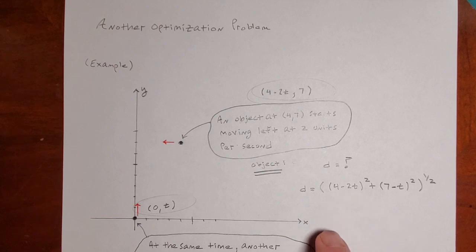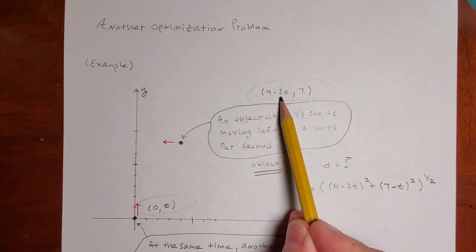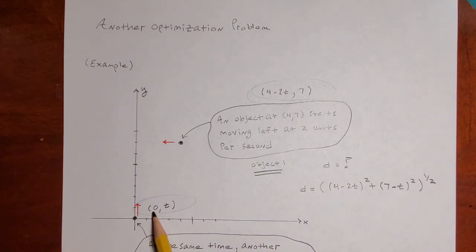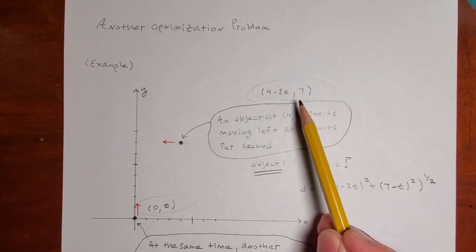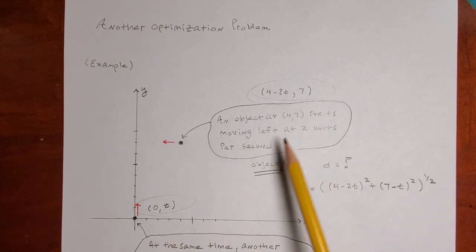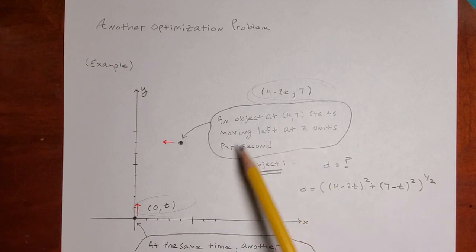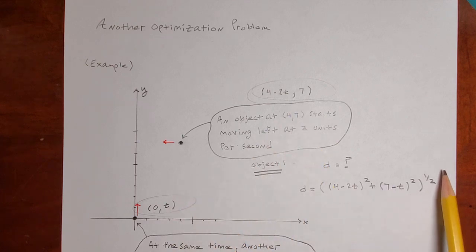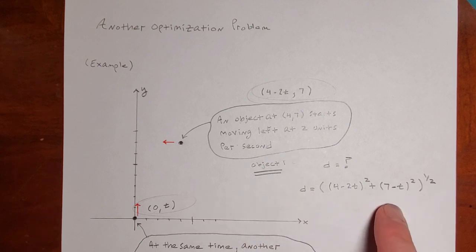There it is. Think of how I did that. I took this x-coordinate minus that one: 4 minus 2t, take away 0. That's 4 minus 2t squared, plus 7 minus t, these y-coordinates, squared, and I add them and take the square root. So there it is.